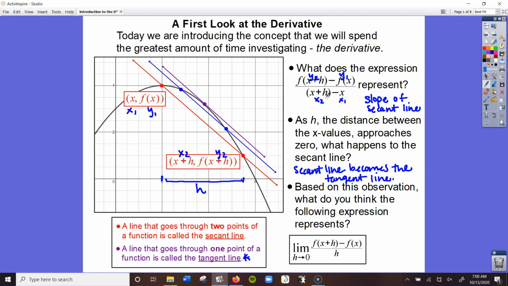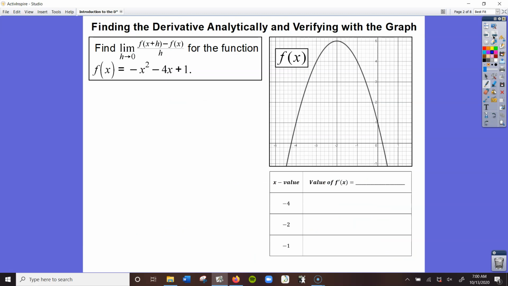What happened was that in the denominator we had x plus h minus x, so those x's canceled. So what this equation represents is the slope of the tangent line. That is the derivative. The derivative represents the slope of your tangent line.